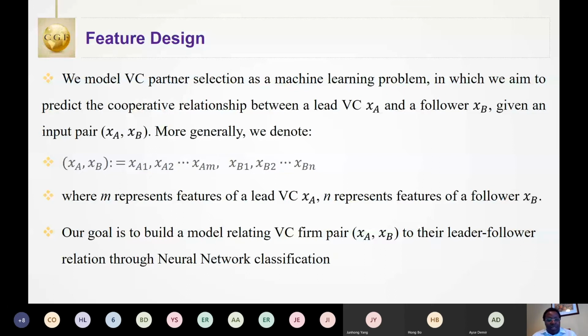So we denote an algorithm of that specification, where M represents the features of the lead venture capital, XA, and N represents the features of the partner firm or follower, XB. Basically, our goal is to build a model rating venture capital firm pairs, XA, XB, lead and follower, so that the lead-follower relationships can be captured through neural network classification.